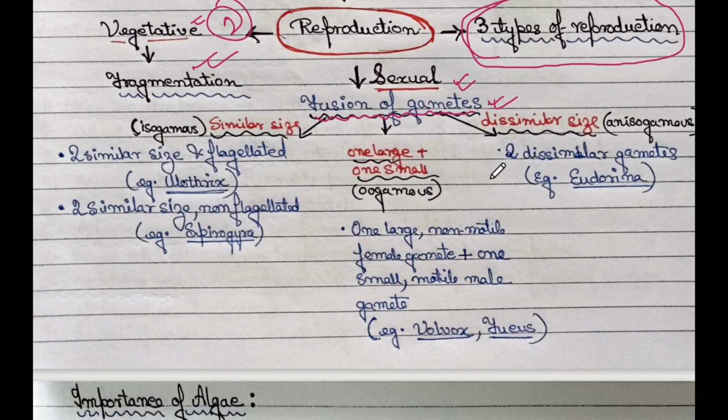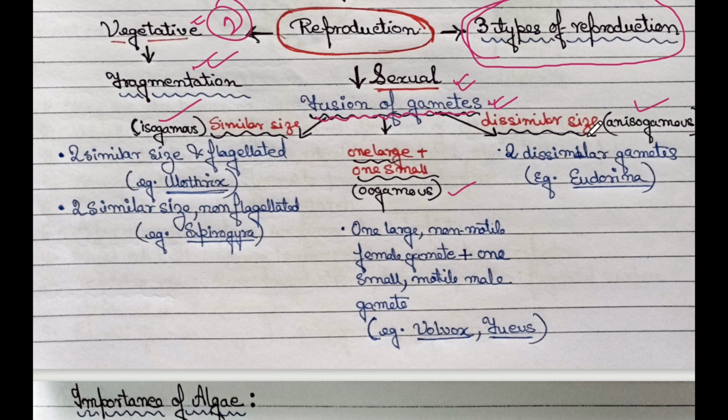One is isogamous, next is oogamous, and third is anisogamous.